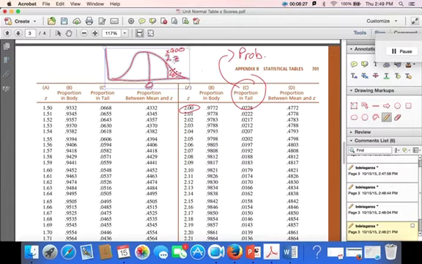So here I want to know what's the probability of someone getting a 700 or greater on the SAT. I've converted my 700 into a z-score. My z-score now becomes a value of 2 for this particular distribution with a mean of 500 and a standard deviation of 100.